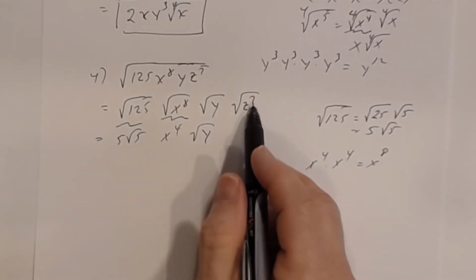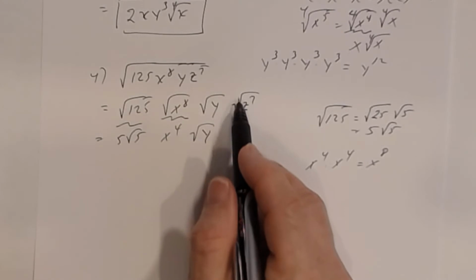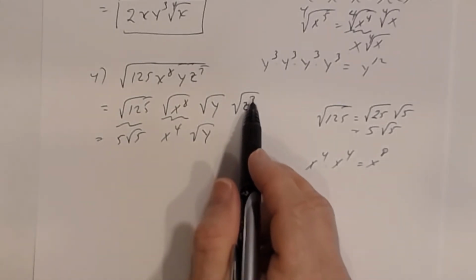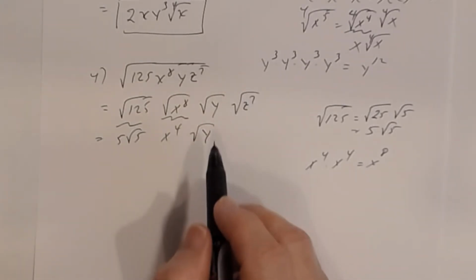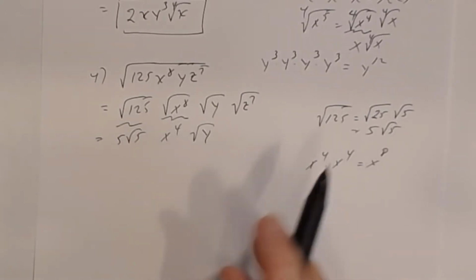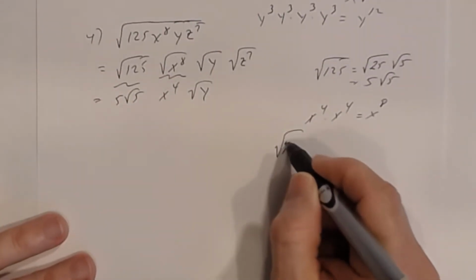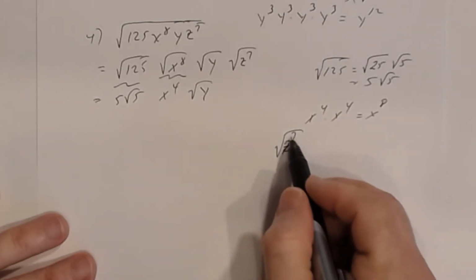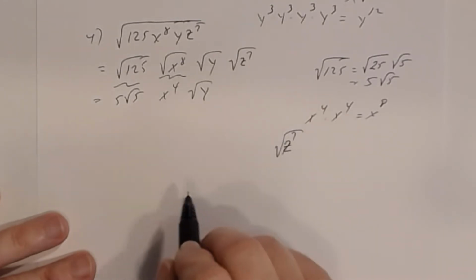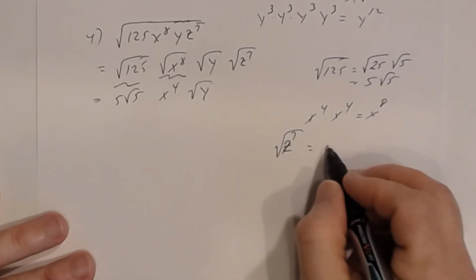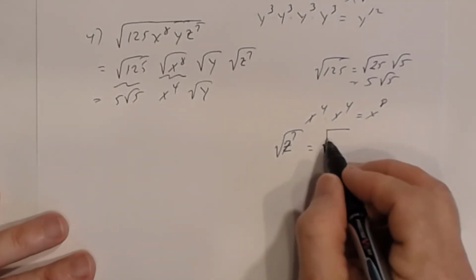Now be careful here. I can simplify this one because 7 is greater than or equal to the index, but 7 is not divisible by 2. So let's go off to the side and do the work. Square root of z to the 7th. What is the largest whole number less than 7 that's divisible by 2? The answer is 6. Always use the largest. It helps.